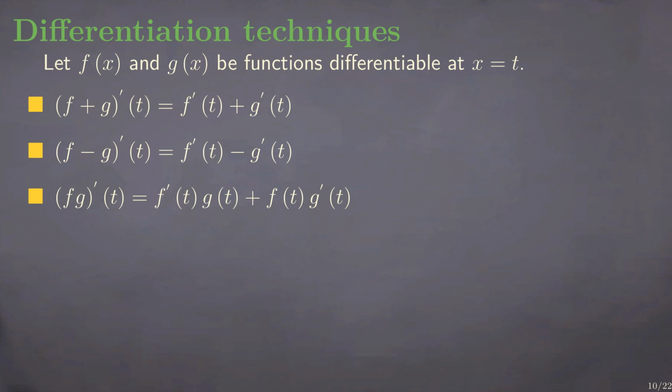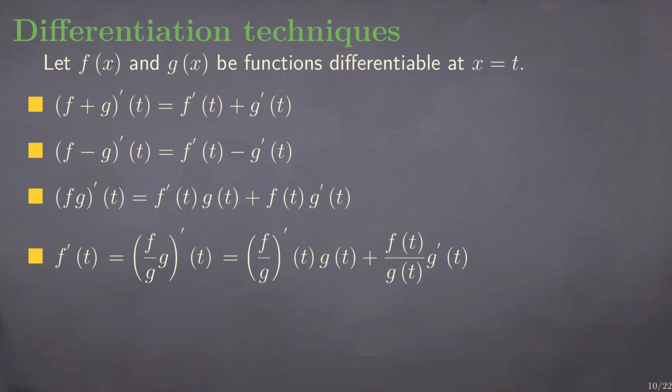And now, if g(t) is different from 0, we can also say something about the derivative of the quotient f over g. For this, we can easily deduce the formula for the quotient from the formula for the product, by first noting that we can write f as (f over g) times g, provided that g is different from 0. Because it is the derivative of a product, we can use the Leibniz rule.